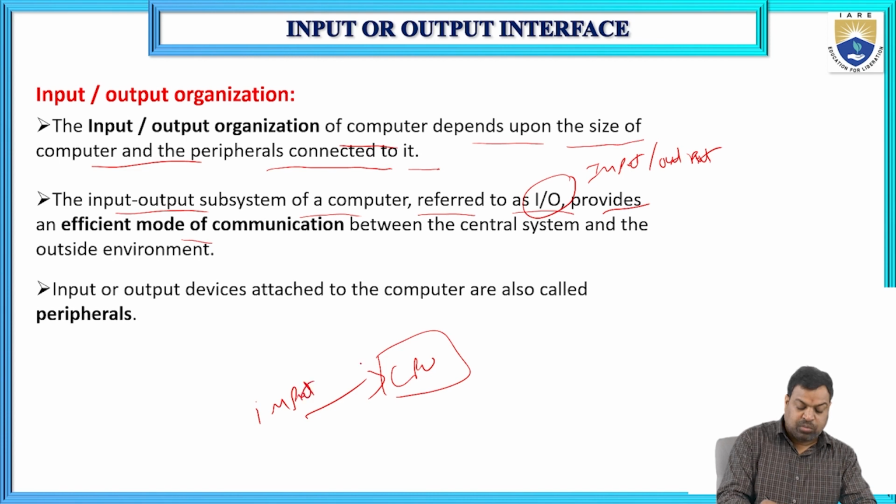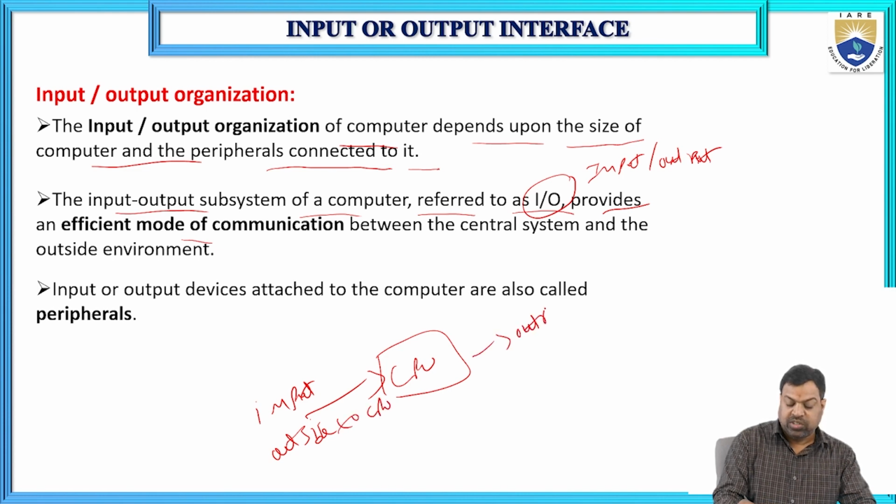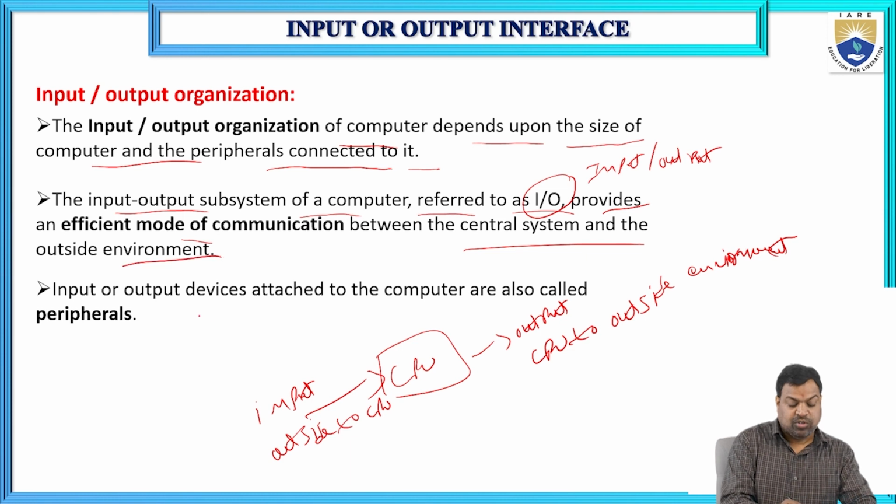Suppose we are connecting input, that is outside to CPU. Output means CPU to the outside environment.